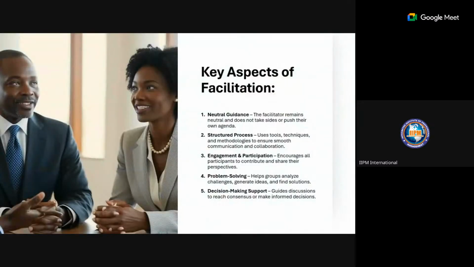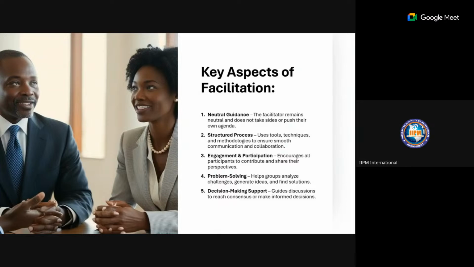Now, what are the key aspects of facilitation? There is neutral guidance. You are not taking sides on anybody. Like I said, some people will come up with divergent views during learning or during your facilitation. So you are to appreciate everyone's view in the participation.